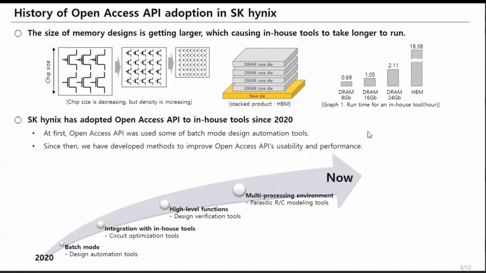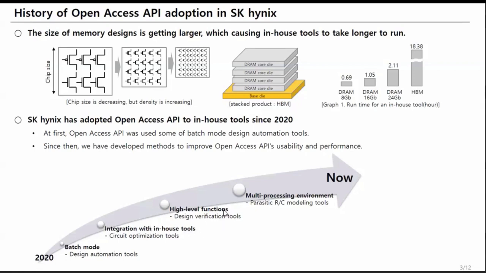At the time SK Hynix first implemented OpenAccess API, it was limited to basic design automation tools in batch mode. However, the scope gradually expanded to include design optimization, design verification and design modeling.